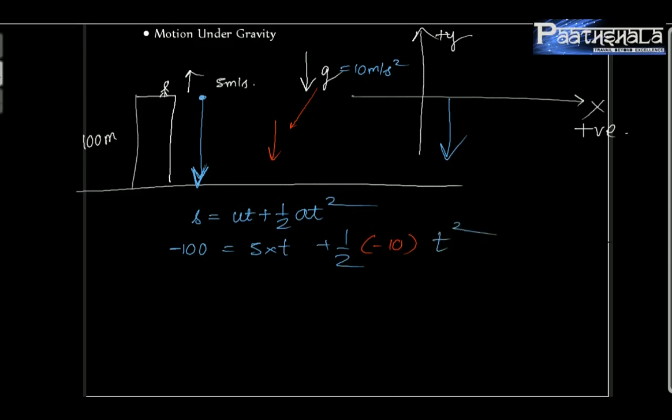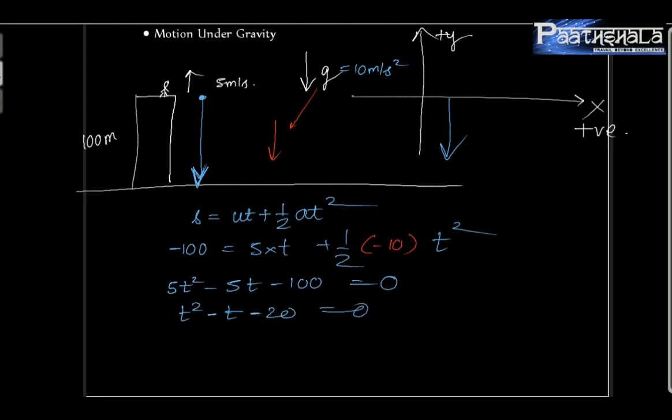Alright, so this can now be simplified as 5t square minus 5t minus 100 is equal to 0. So t square minus t minus 20 is equal to 0.